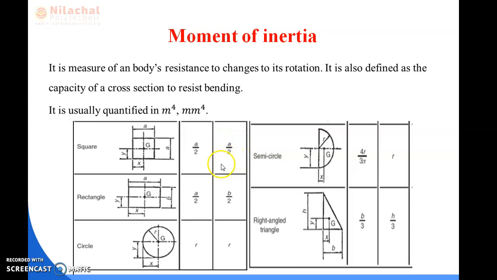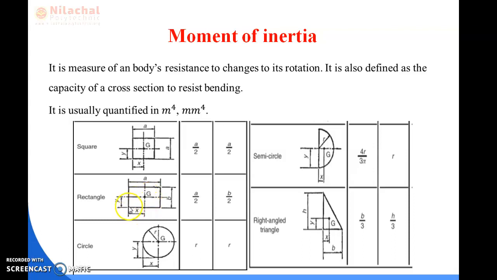Now come to the rectangular section. This is also a symmetrical section, so when we cut this section along the x-axis or y-axis, one half of the section is equal to the other half.